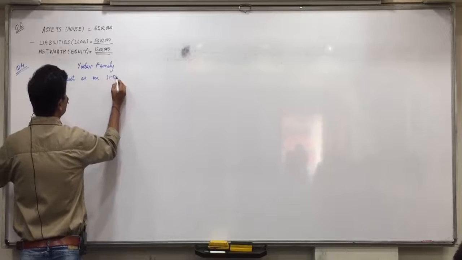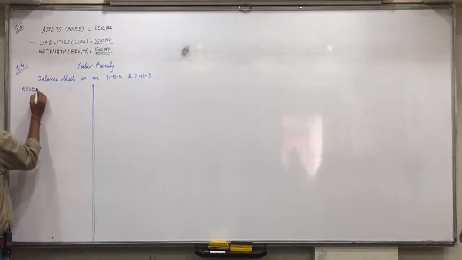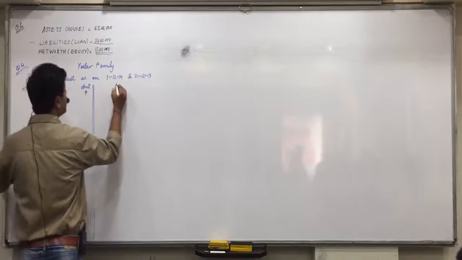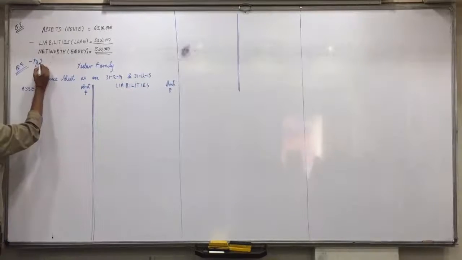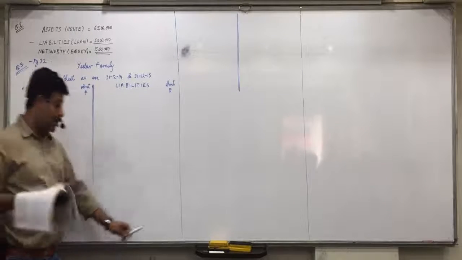As on 31/12/14 and 31/12/15. First we show assets and then liabilities, page 32. Yes, did you all make the formats? So, pointing.